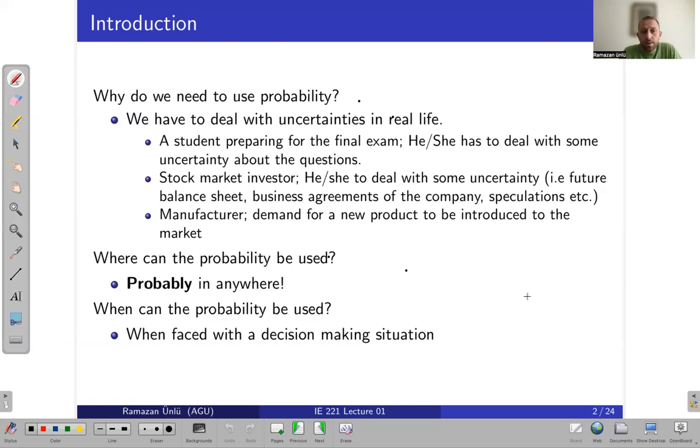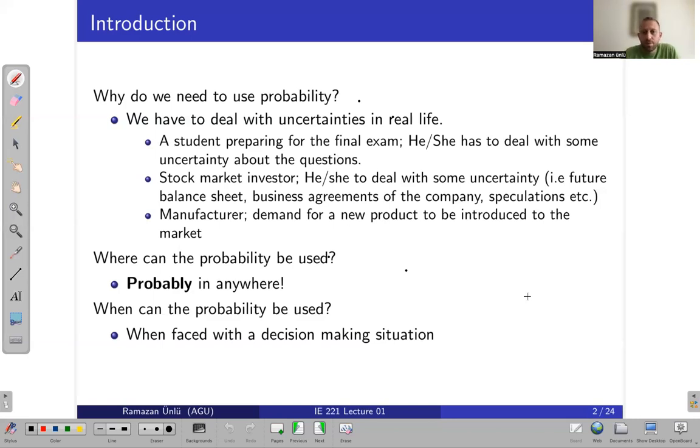Another example can be the manufacturer. Let's say you are a manufacturer and you have to design and create a new product. In this case, the uncertain thing can be demand, right? Demand for a new product to be introduced to the market. You don't know what the demand will be, and you have to shape your organization based on the demand forecasting, right?